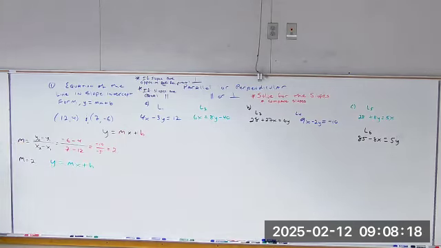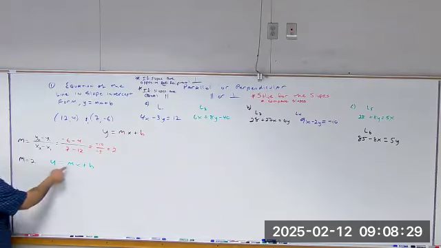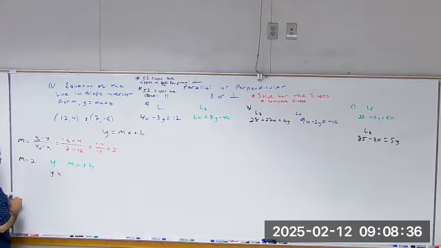Anytime I'm going to use the formula, I'll just write the formula, and it's in the question. Plug in the slope. So now I have y equals, I've got a 2x.